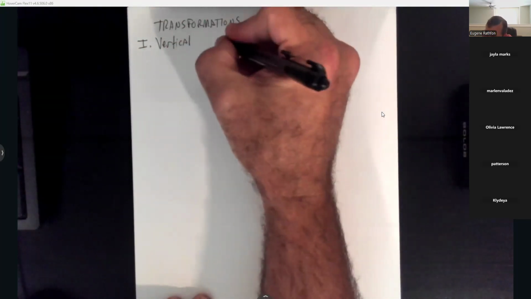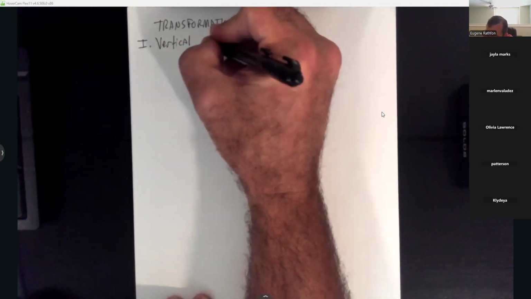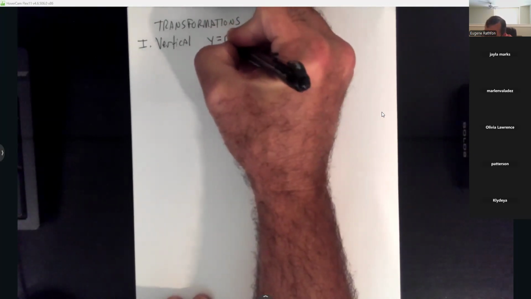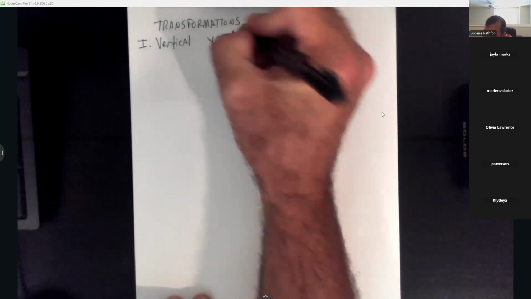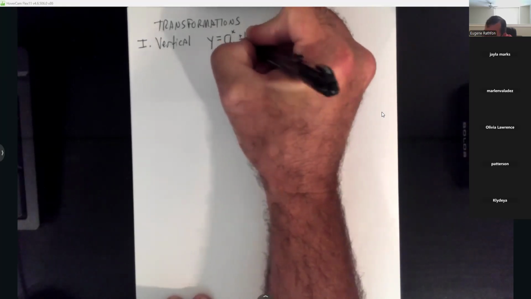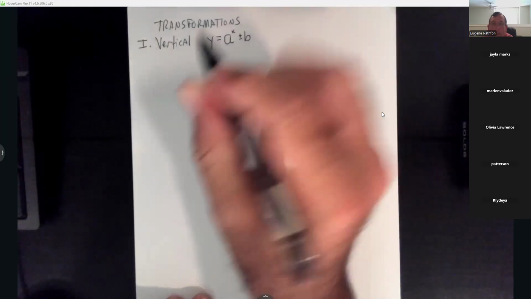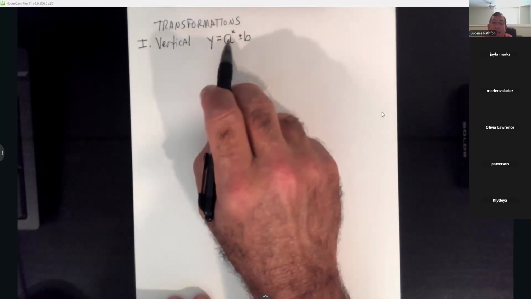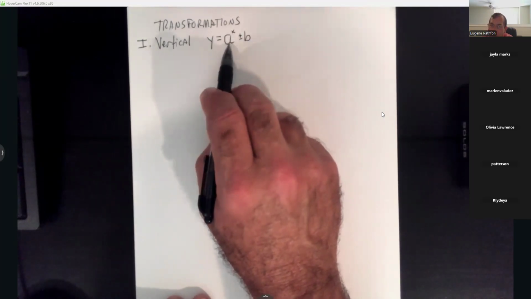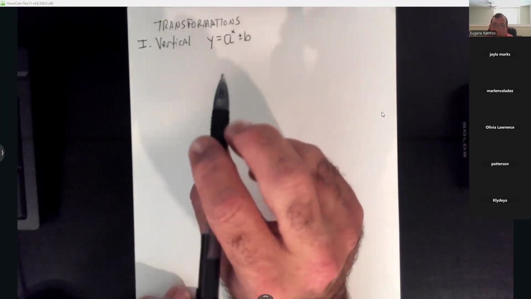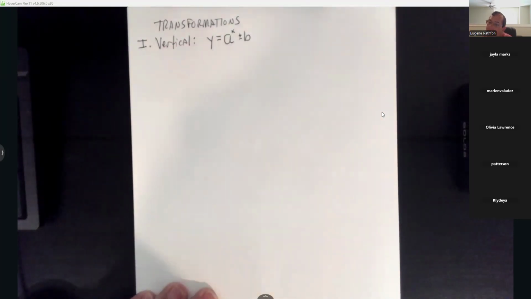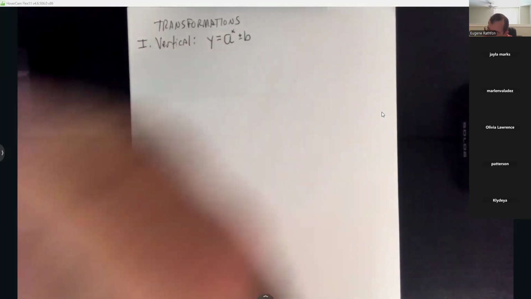So a vertical transformation would be y equals a to the x plus or minus b. So you're adding a number at the end of the function or you're subtracting a number from the end of the function. Now, it's going to do the same thing it did back in 7.2.